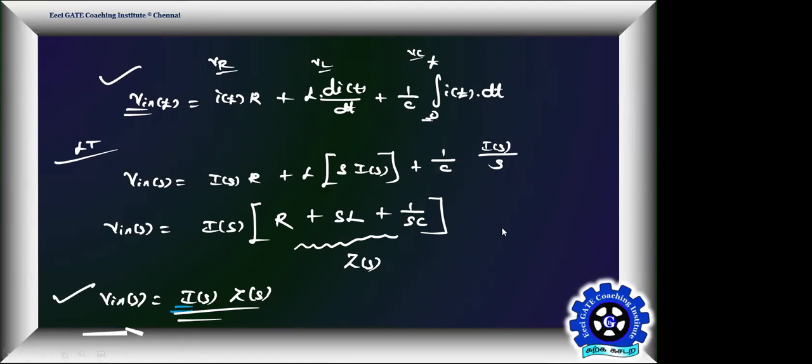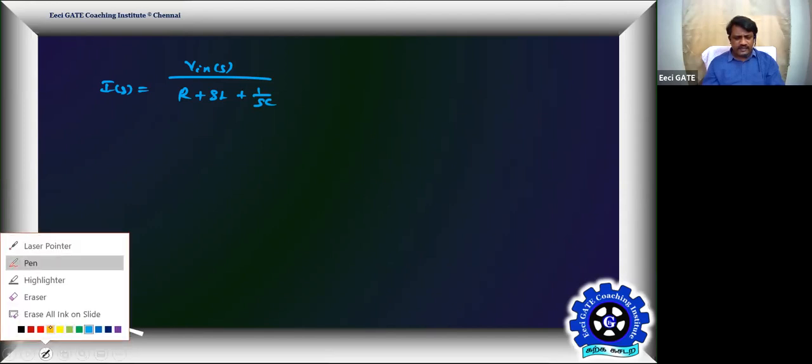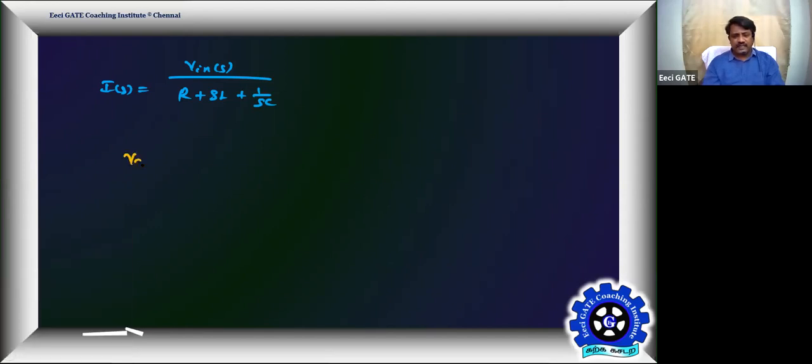Once again, I of S is available now. I of S is equal to Vin by Z. Z is the total impedance, so I of S is equal to Vin of S divided by R plus SL plus 1 by SC. We'll simplify this. Then let us focus on Vc of t, the next parameter of interest, the voltage across the capacitor.